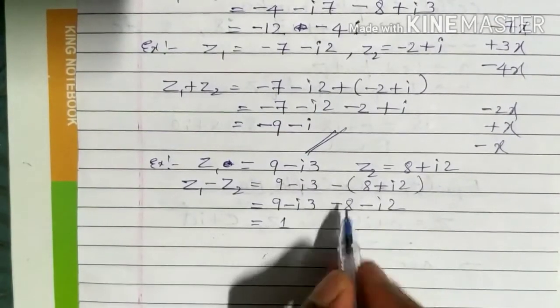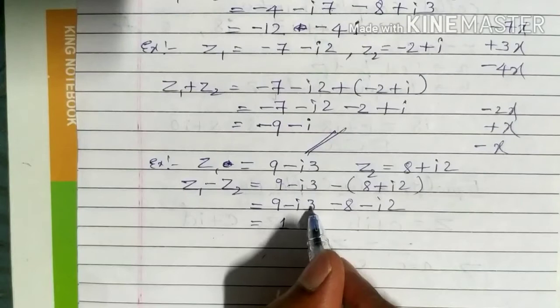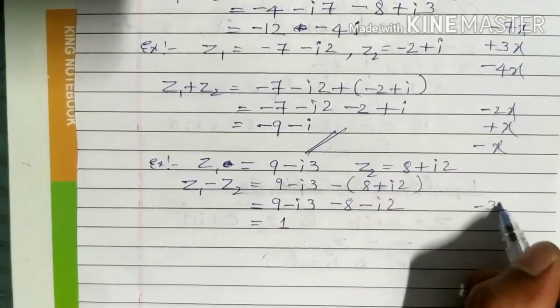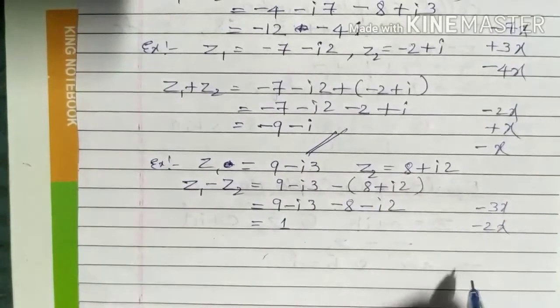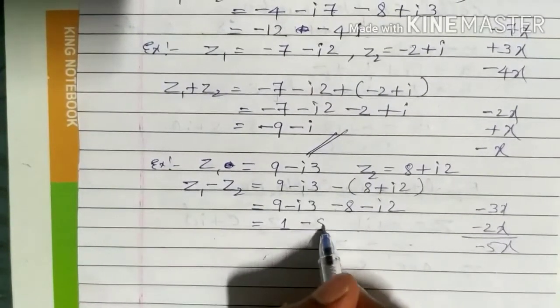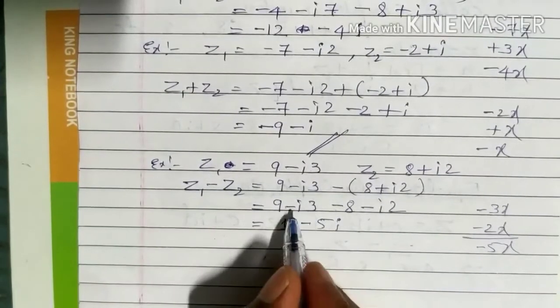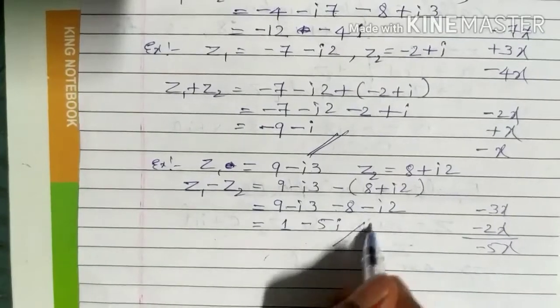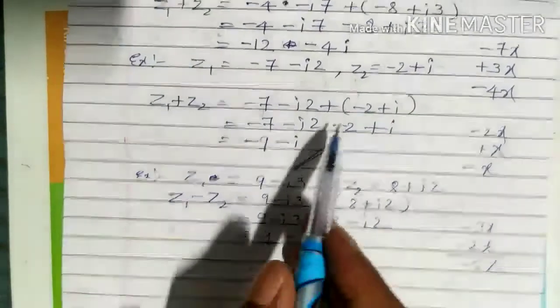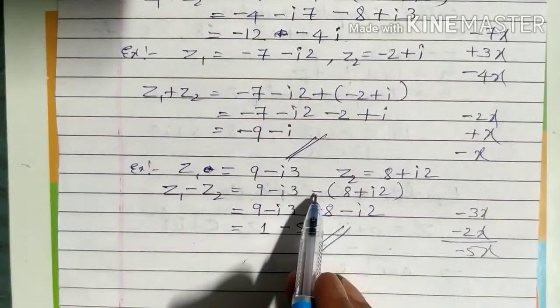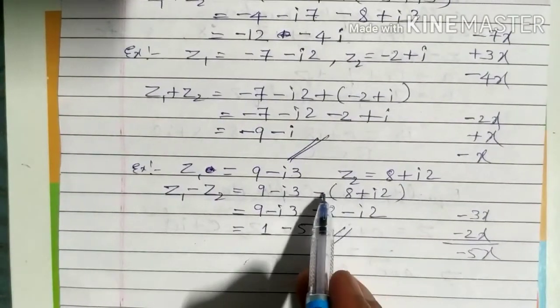Then minus 3i minus 2i, minus 3x minus 2x, that is definitely minus 5x, right? So therefore minus 5i. So like this. In the addition you will find plus, while subtracting minus sign, that's all. You have to simplify with minus sign.